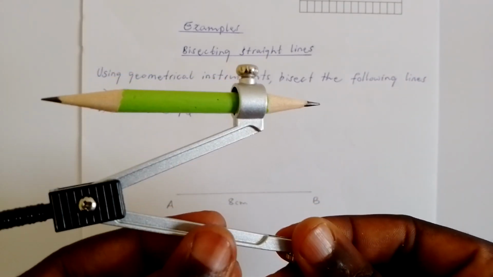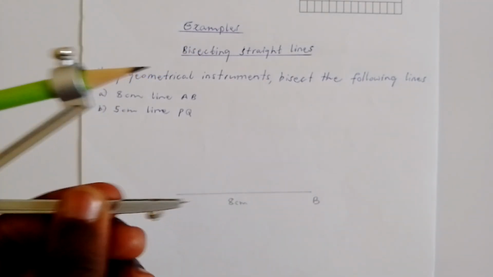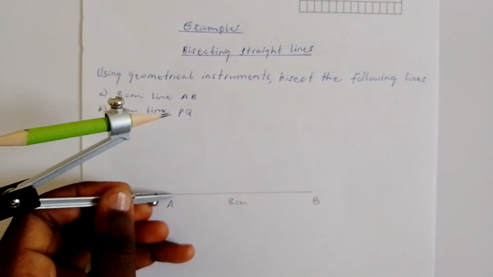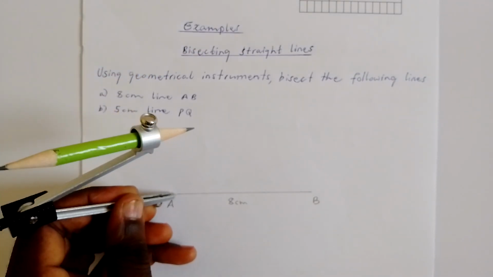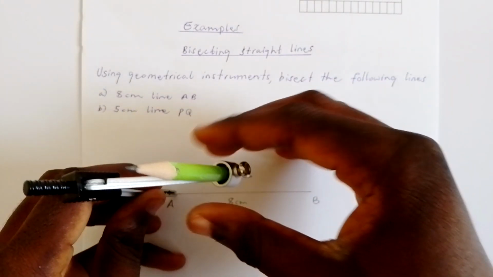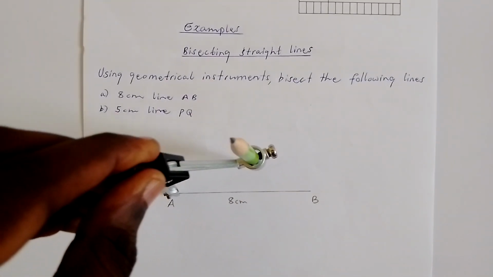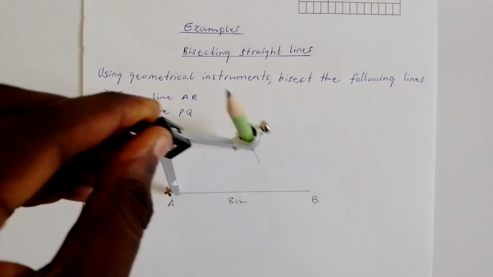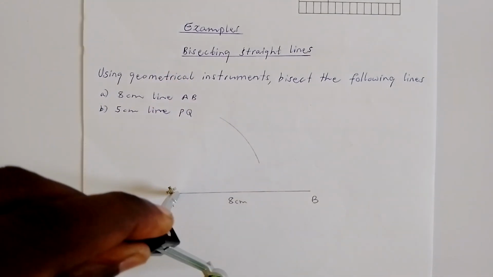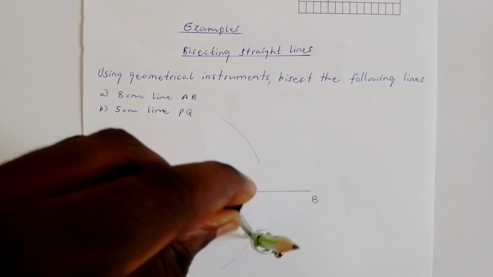So since I'm going to fix it on a point, I'm going to hold it from here like this. Then I'm going to fix it there, as you can see. Then I insert. Okay, now that I'm going to construct an arc, I hold from the top, then I construct an arc somewhere here, as well as down here, like that.